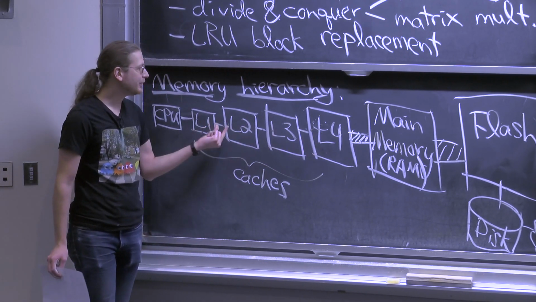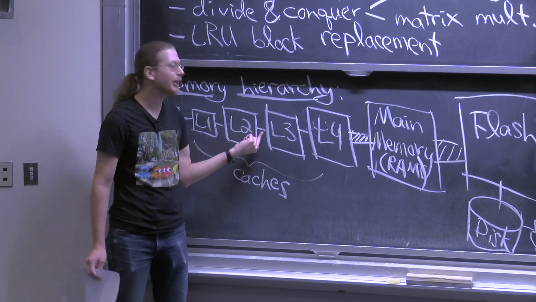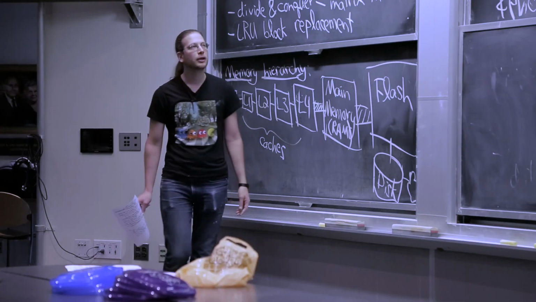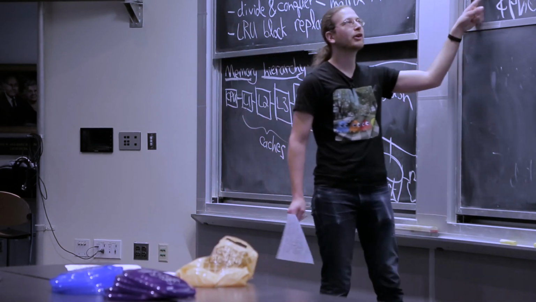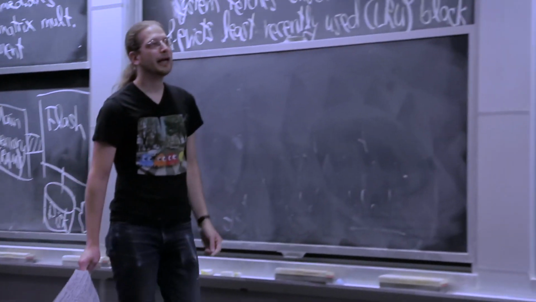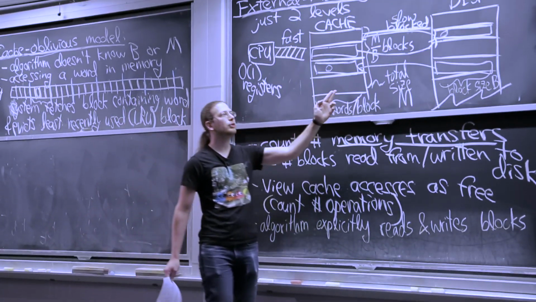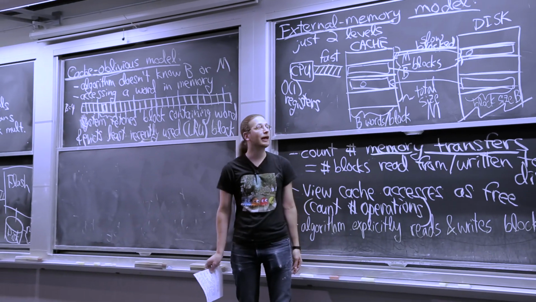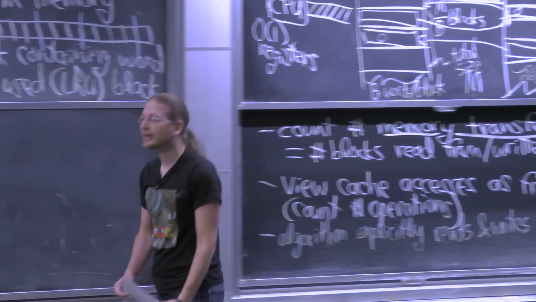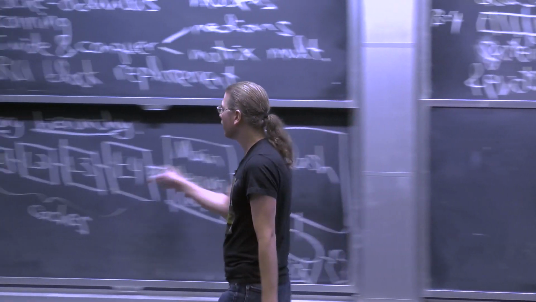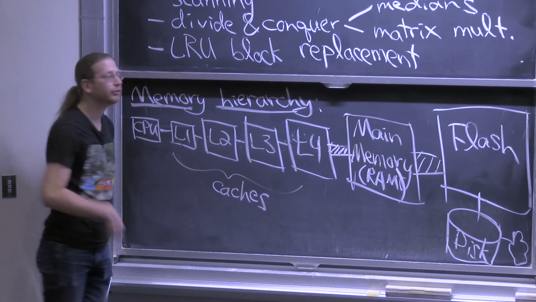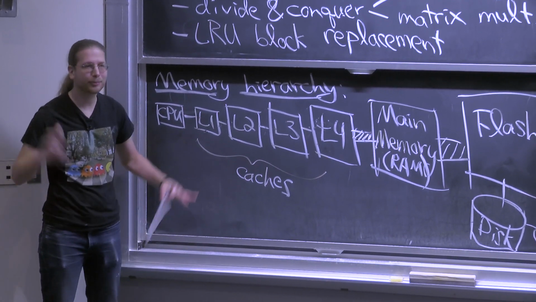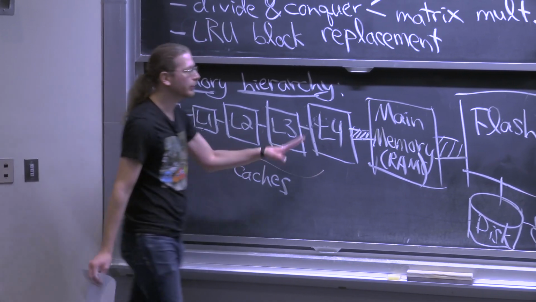The latency times number of blocks here, plus the latency times the number of blocks here, plus the latency times the number of blocks here, and so on. If you can find an optimal cache-oblivious algorithm and analyze it just with respect to 2 levels, because the algorithm's not allowed to know B and M, it has to work for all levels. It has to minimize the number of block transfers between all of these levels. And so in particular, it will minimize the weighted sum of them. That's a bit hand-wavy. You have to prove something there. But you can prove it.